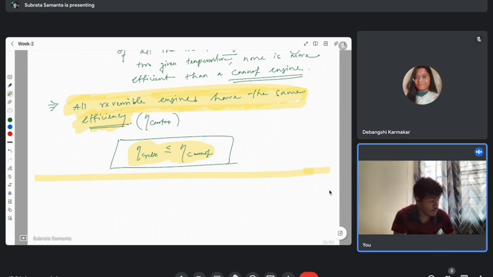Let's do one example to calculate the efficiency quickly.